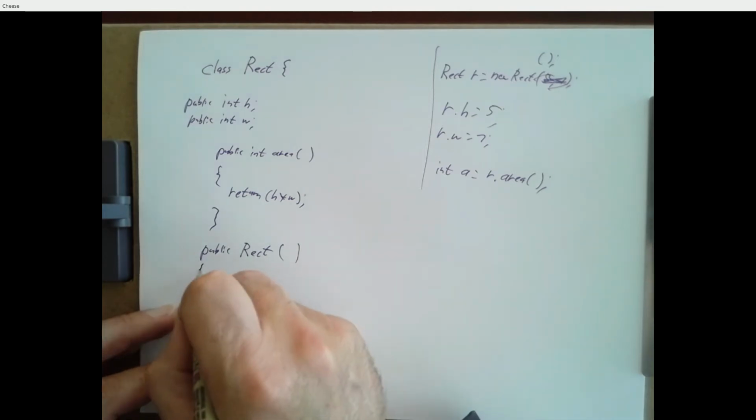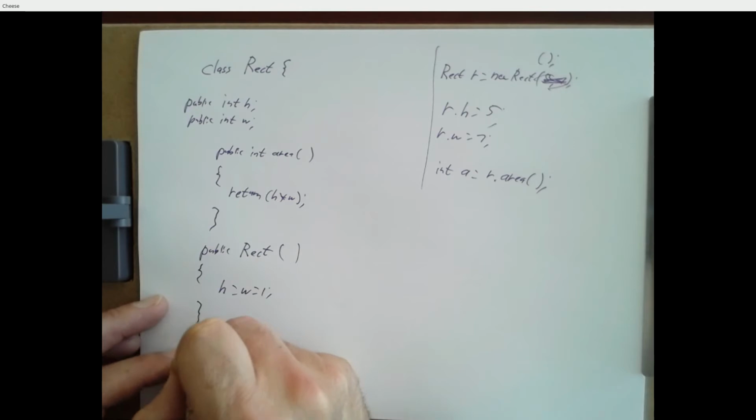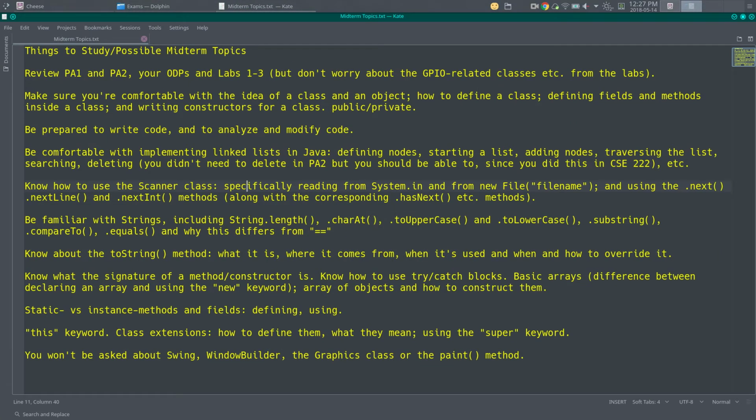And maybe we want a default constructor with no arguments. That just sets the height and width to 1. So you should know those mechanics, right, and be able to put them down on a test.